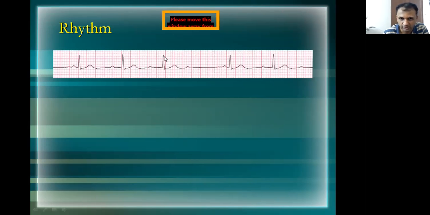After this one, the P wave is there, but you could not see a QRS complex. If the PR interval gradually widens, and after a few beats there's a missing beat, what is it called? Wenckebach phenomenon. Yeah, absolutely. Mobitz type 1 or Wenckebach.